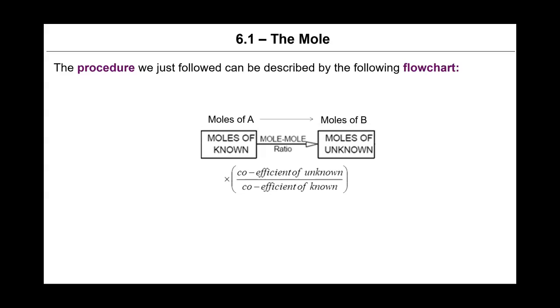So the procedure that we just followed, taking moles of A and turning it into moles of B, is pretty simple. All we have to do is multiply by the appropriate mole ratio, which will be the coefficient of the thing that the moles is on moles of the thing that we don't know about, over the coefficient of the thing that we do know the moles of. So that's really it.